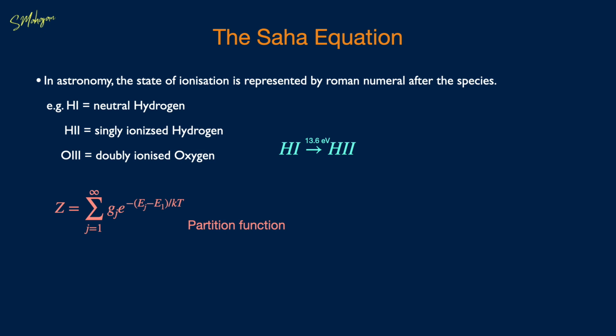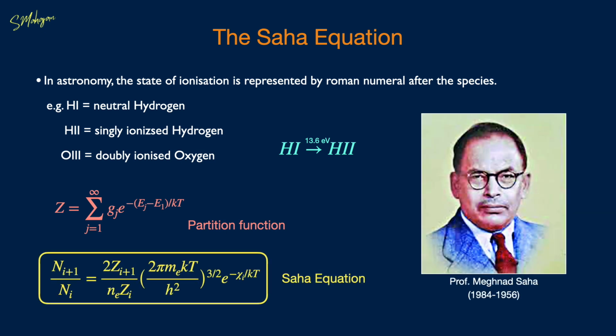Using the partition function, the ratio of atoms in ionization states I and I plus 1 is given by this equation, known as the Saha equation after the genius Indian astrophysicist Meghnad Saha, who first derived it in the year 1920. Note that as the number density of free electrons Ne increases on the right-hand side of this equation, the number of atoms in the higher ionization state decreases, since there are more electrons with which the ion can recombine.